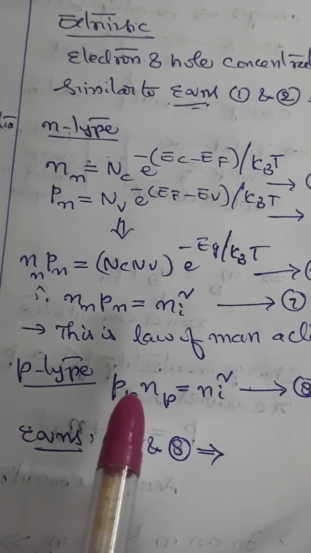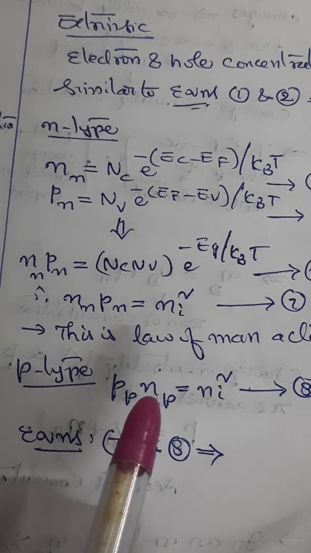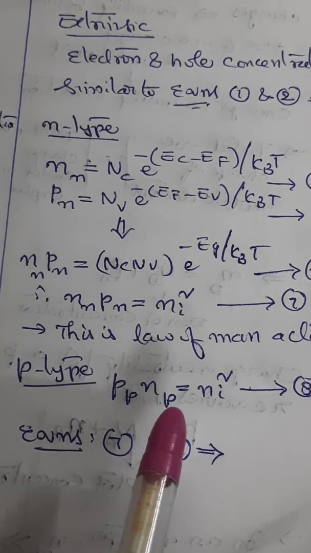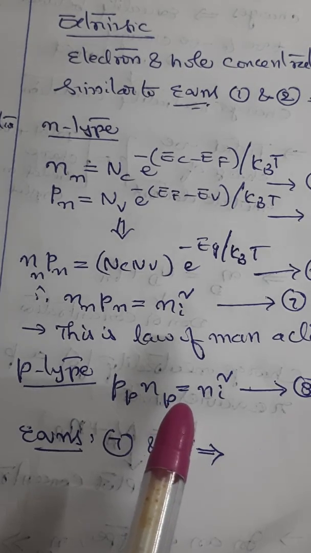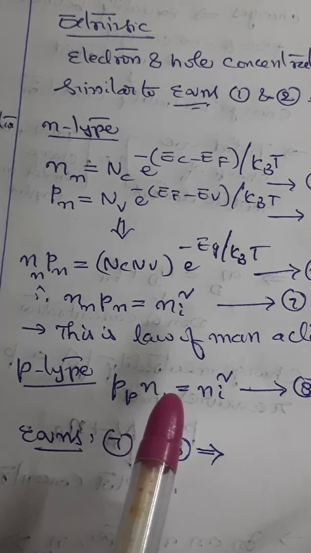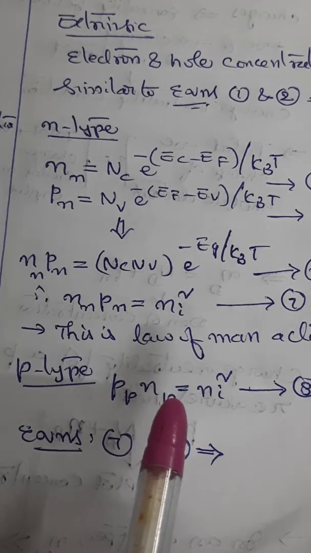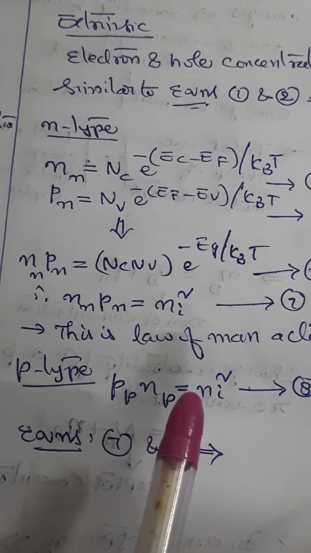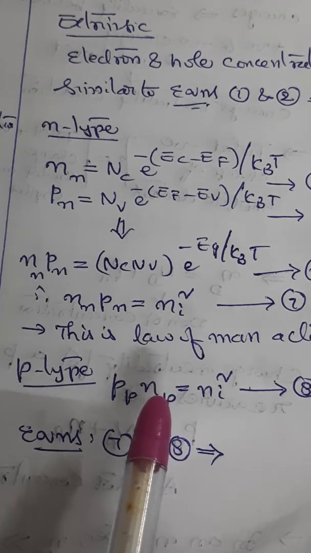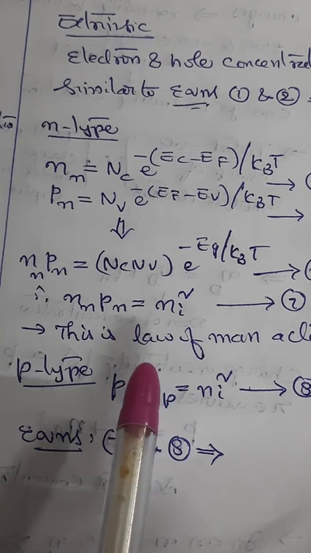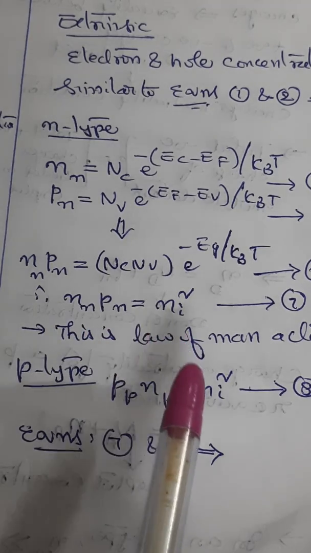That means if you add any impurity to an intrinsic semiconductor, it becomes extrinsic, meaning it is either N-type or P-type. In N-type, electrons become majority carriers and holes become minority carriers. In P-type extrinsic semiconductor, holes are majority carriers, thereby electrons become minority carriers.